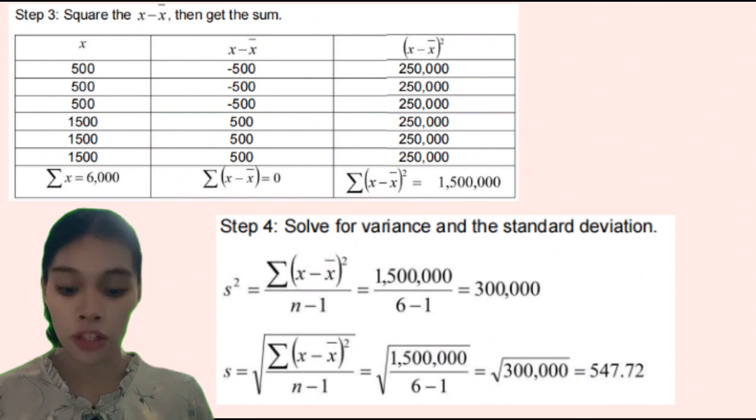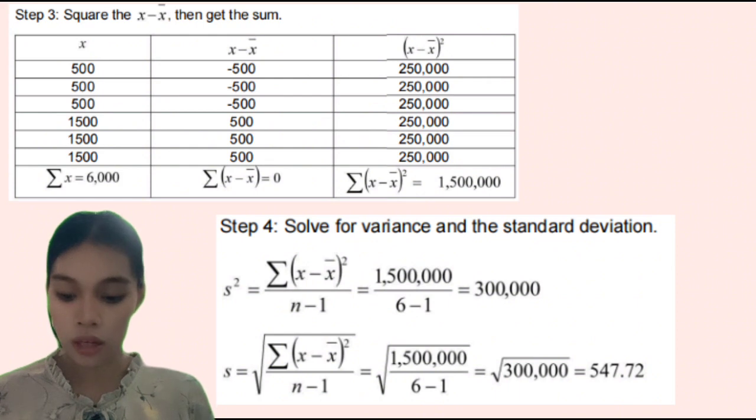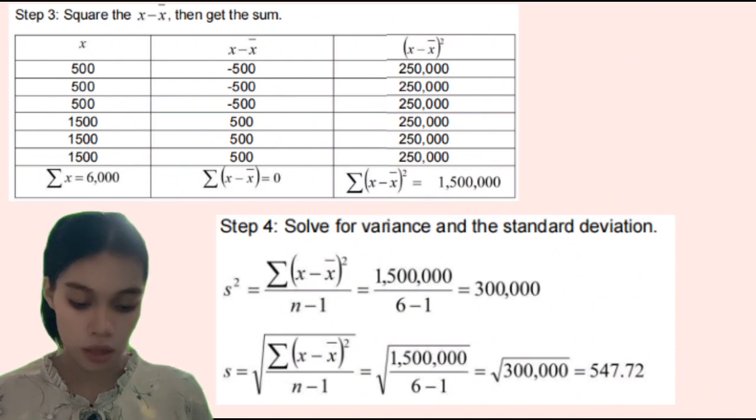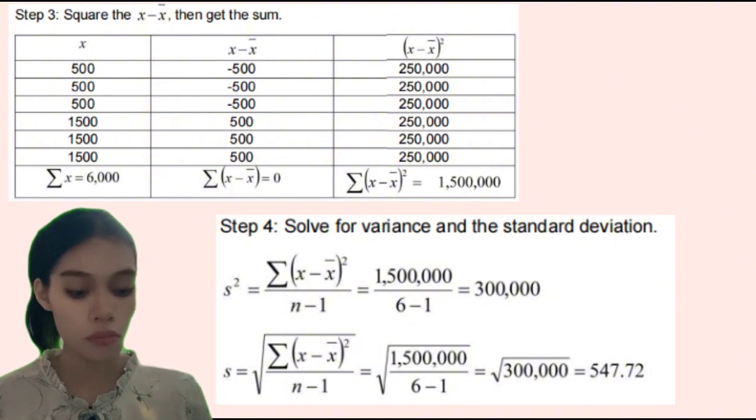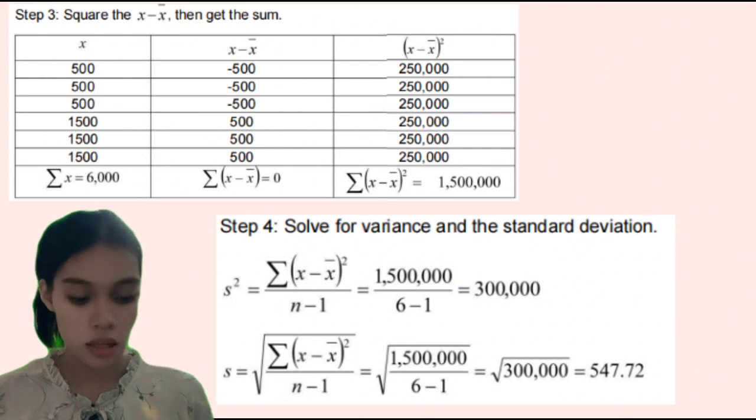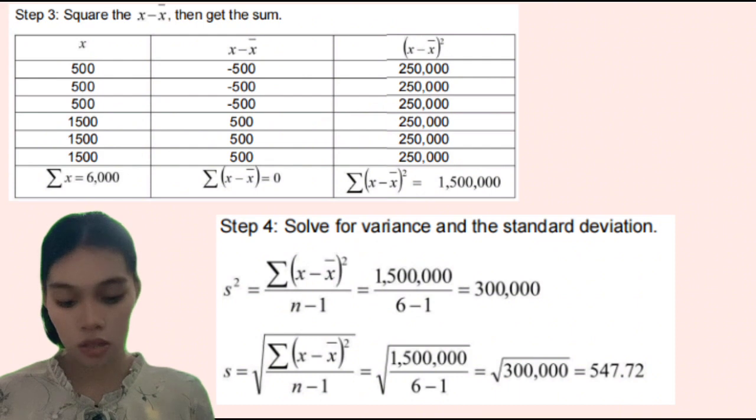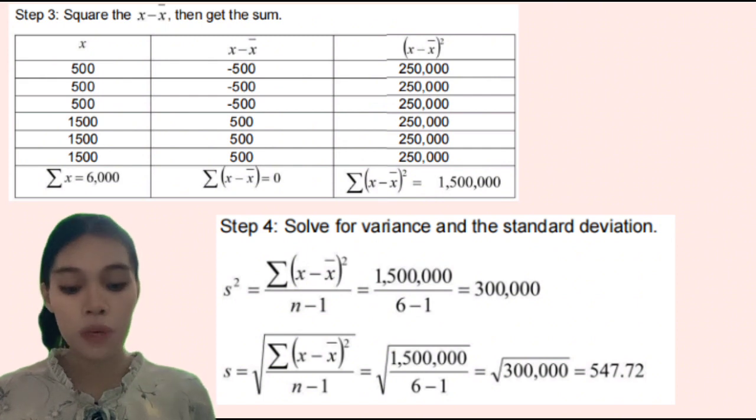So 1,500,000 divided by 6 minus 1 is 300,000. So that is our variance.